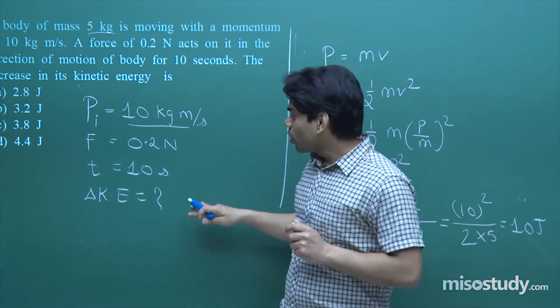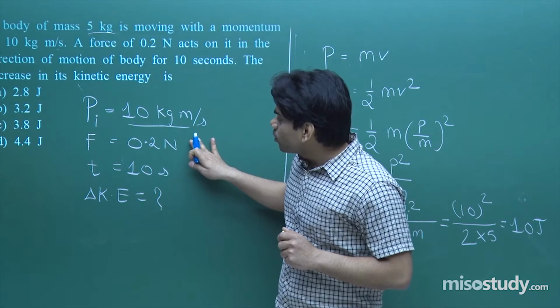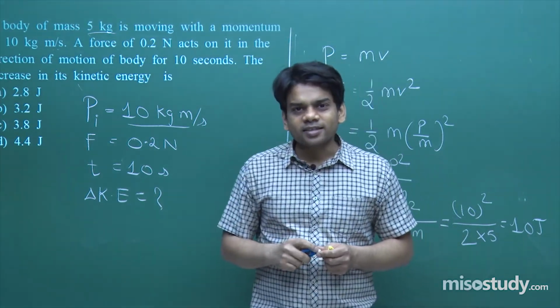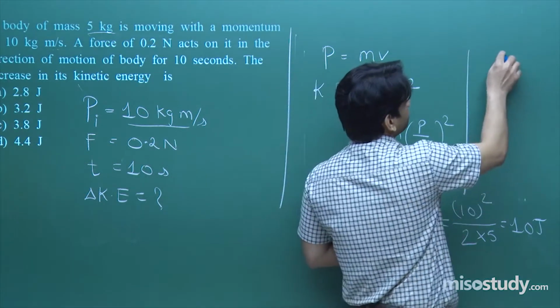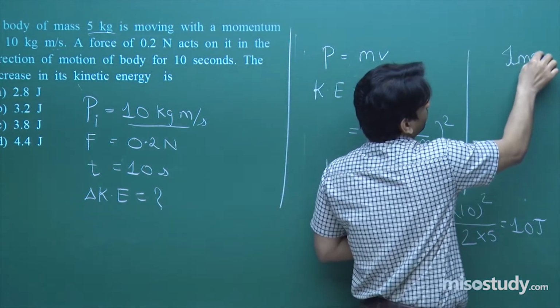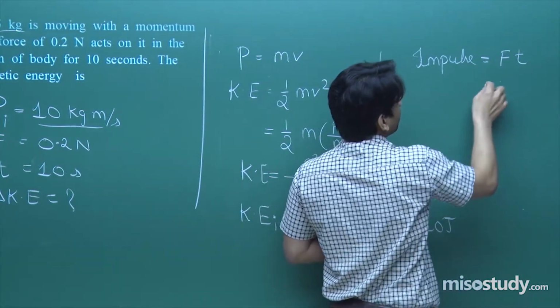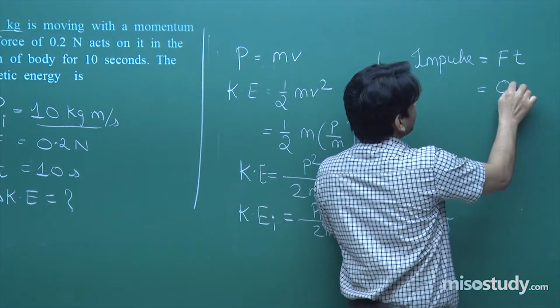What is the increase in kinetic energy? If you see, F is equal to 0.2 Newton and T equals 10 seconds. We know that impulse is equal to force into time, and impulse is equal to change in momentum. Force is given as 0.2 Newton for 10 seconds.